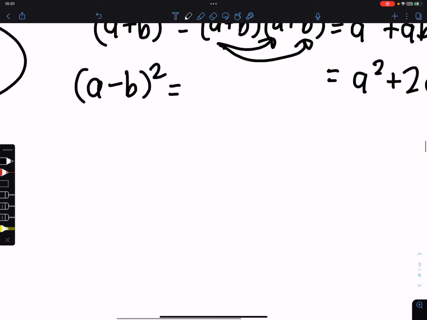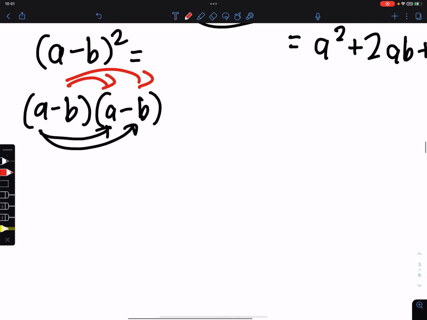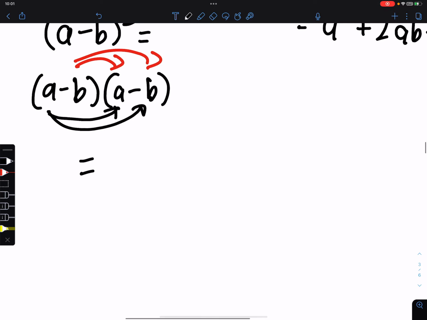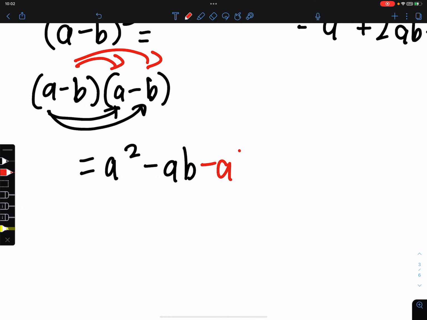Okay, now let's look at the a minus b squared. That's equal to a minus b times a minus b. Do it again. Okay, so a times a is a squared again. A times negative b is negative ab. Now negative b times a is negative ab again.